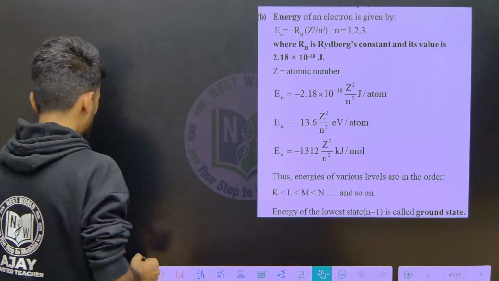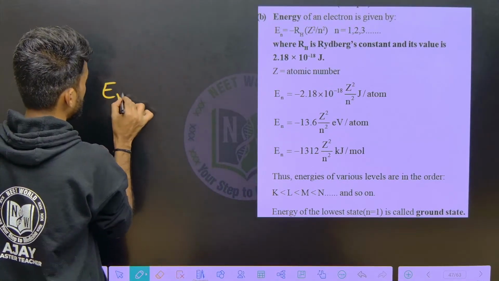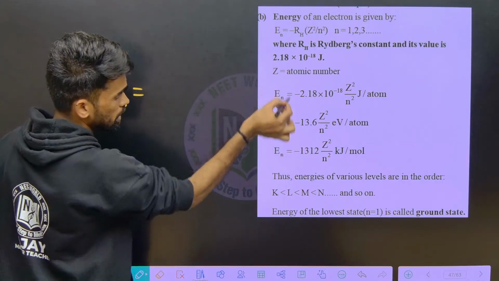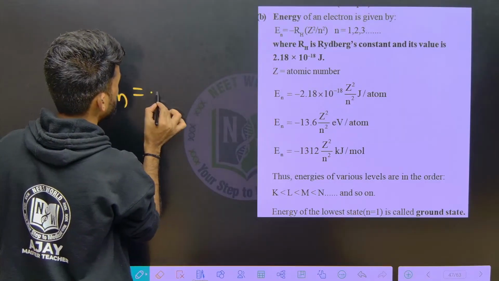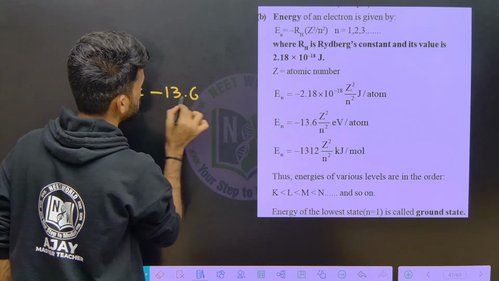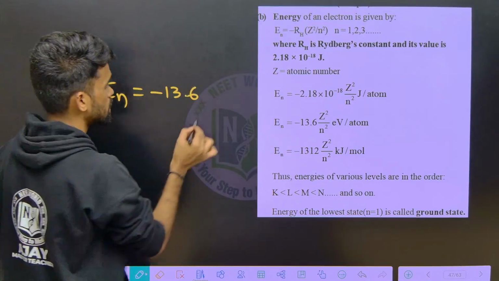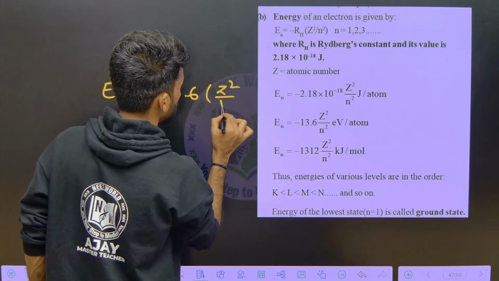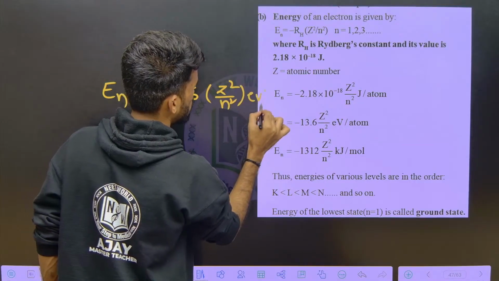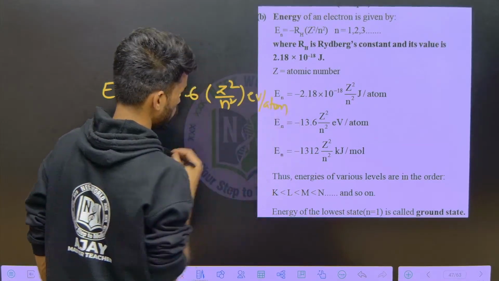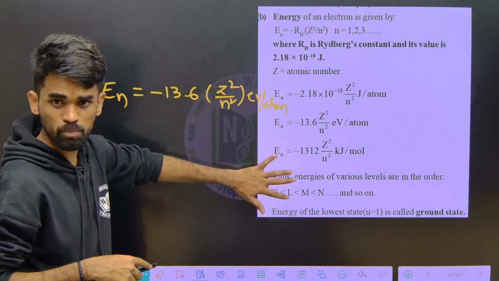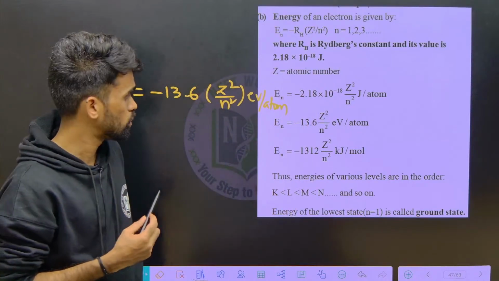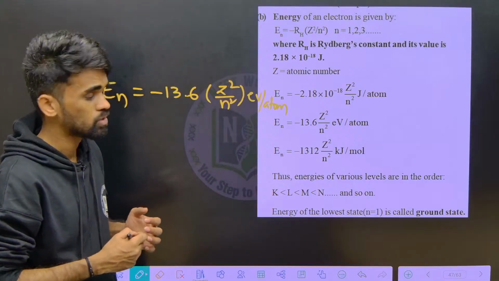So the energy of the electron in the nth orbit, En, is equal to, there are different formulas here, and the important one, or the one you will see more usually, is minus 13.6 Z square by n square electron volt per atom. But you need to write all these formulas. This joule per atom is also useful sometimes. We don't know in what terms they will ask you.